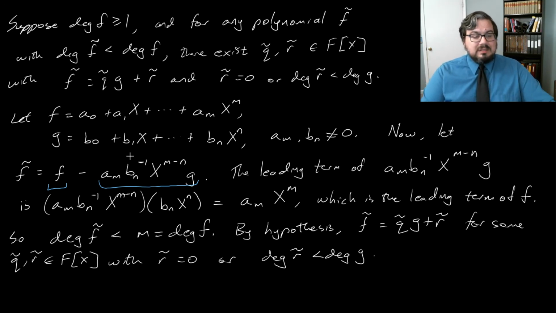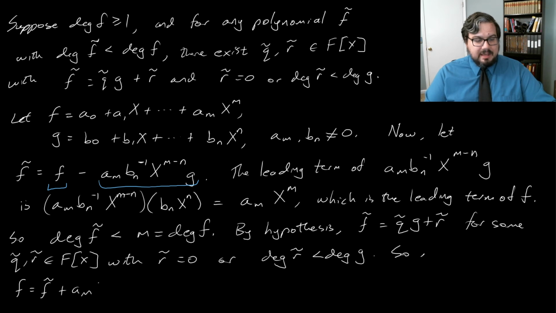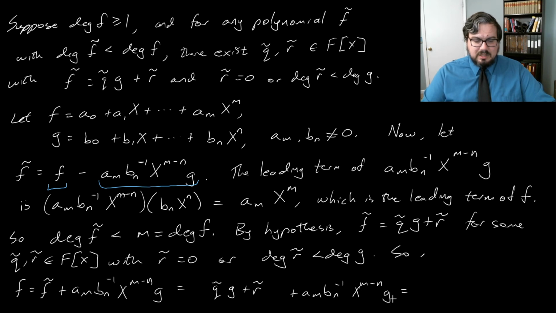So now let's take this equation defining f tilde and rearrange it for f. That means that f is equal to f tilde plus am bn inverse x to the m minus n times g. Now f tilde is q tilde g plus r tilde plus am bn inverse x to the m minus n g.